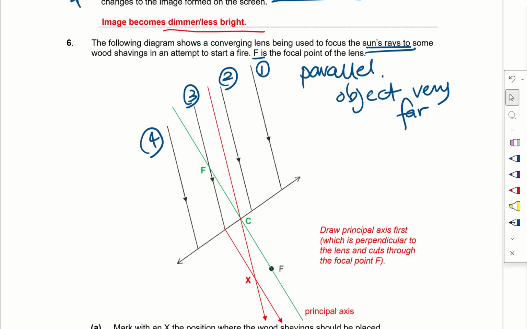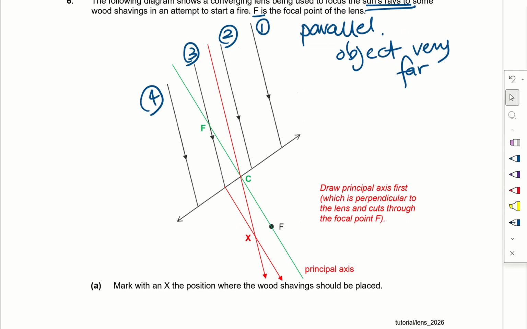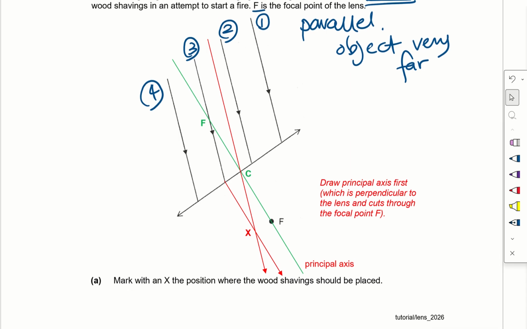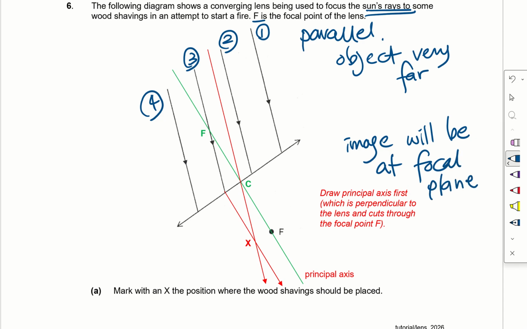So this is actually the first case whereby the object is very far, and if the object is very far, the image will be definitely at the focal plane. But where is the focal plane?